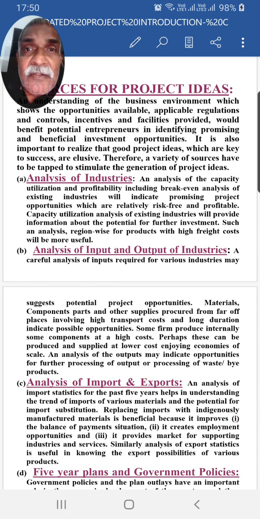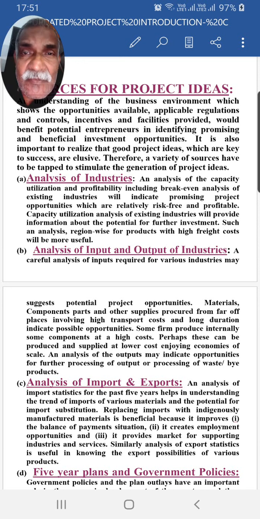We will not generate the project ideas unless we tap the various sources. So which source is important for us to get good project ideas?